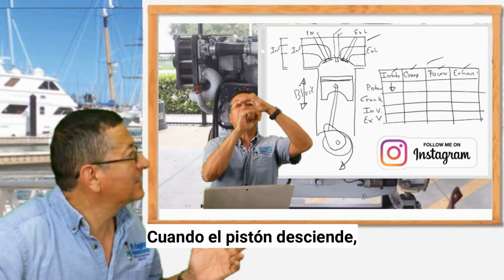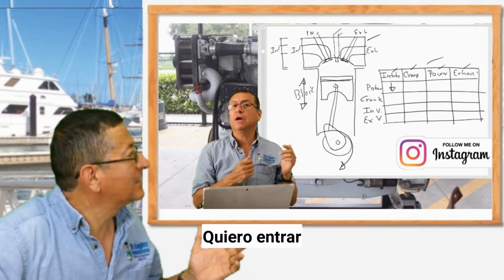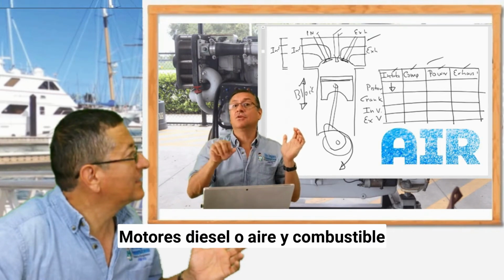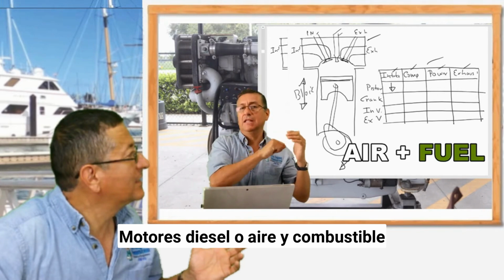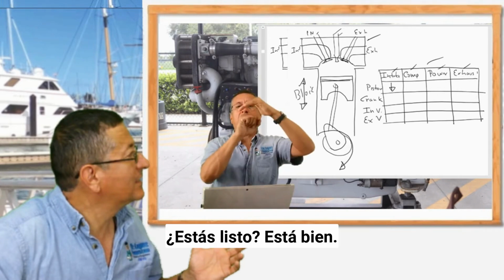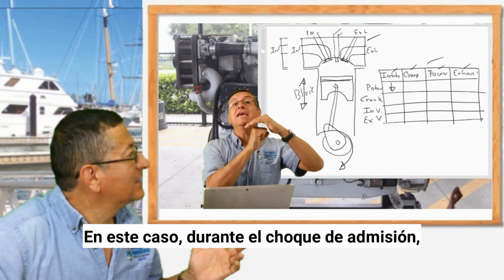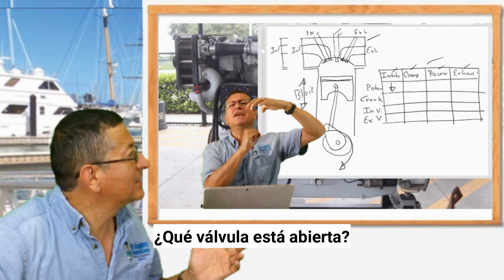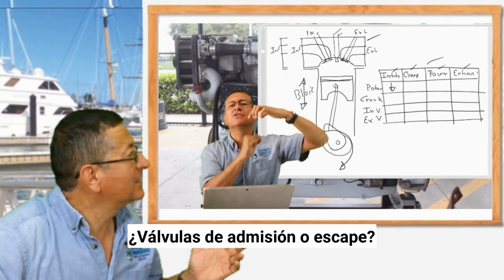When the piston is going down, I want to enter air in the diesel engine, or air and fuel in the gas engine. During the intake stroke, the piston is going down. And what valve is open, intake valve or exhaust valve?